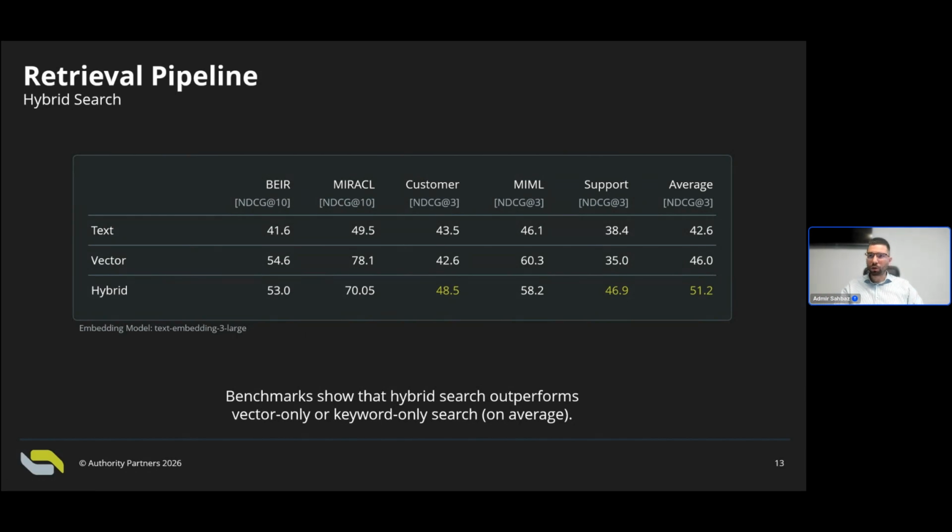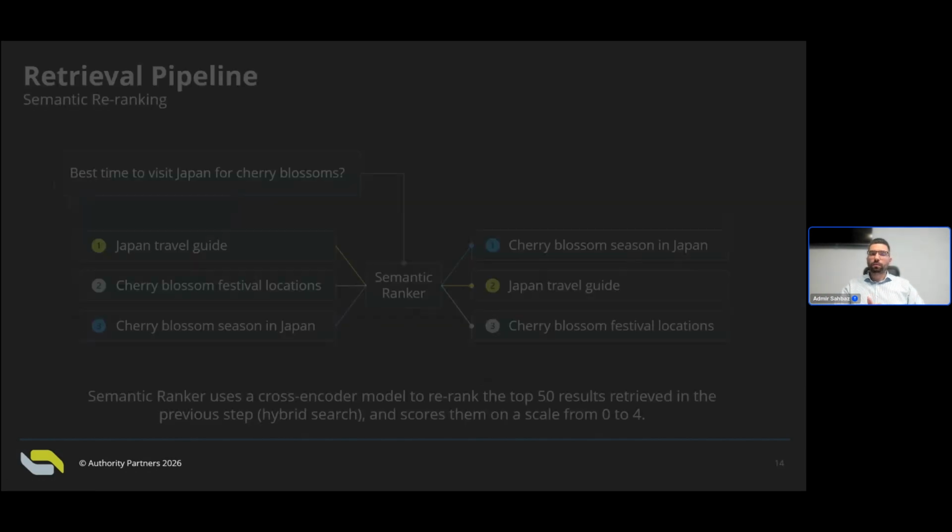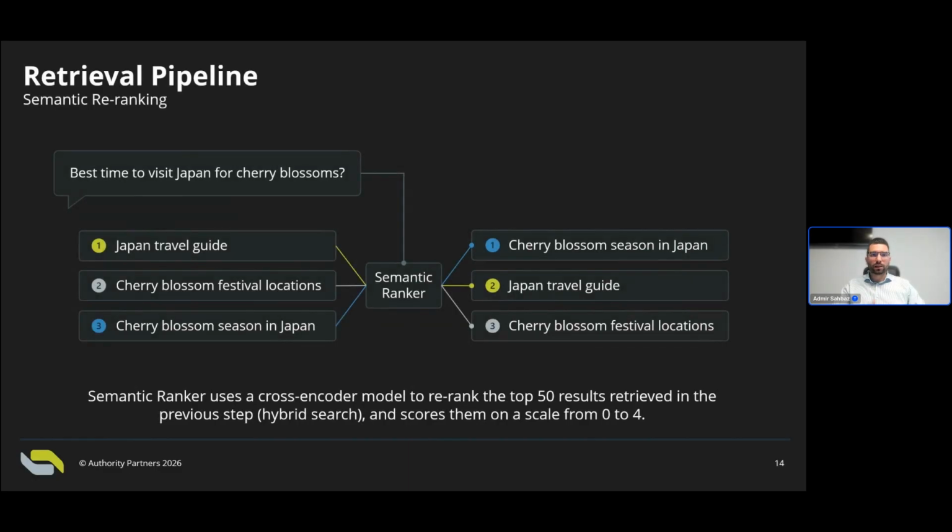Okay, so after hybrid search, the next step in the retrieval pipeline, the next retrieval technique that we will be talking about, is re-ranking. In Azure AI Search, it's called semantic re-ranker or semantic ranker. The role of the re-ranker is to reorder results returned in the previous retrieval steps, such as hybrid search, based on result semantic relevance to the query, right?